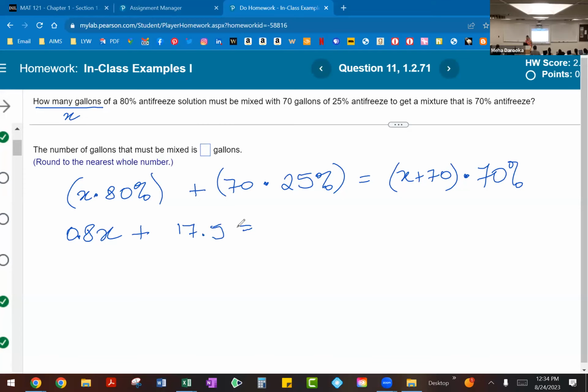And then this one we need to distribute, so I'm going to break it down for you guys here. So X plus 70, and then you're multiplying it with 0.7, which means we need to distribute, right? So you would be multiplying 0.7 with X and 0.7 with 70. Can you tell me what that will end up looking like?